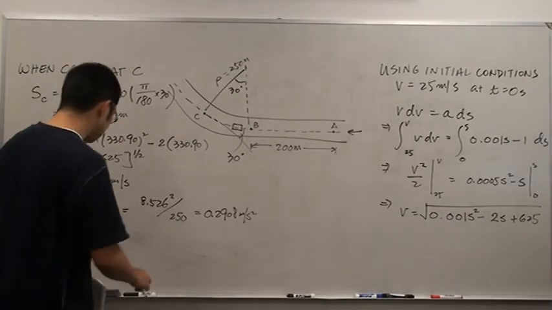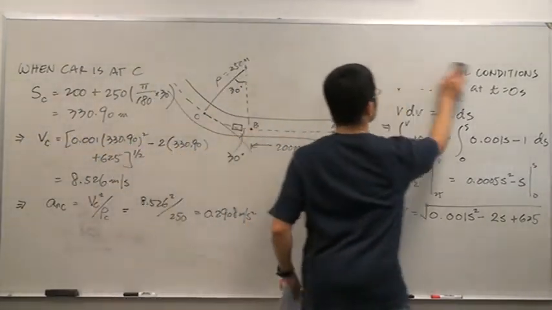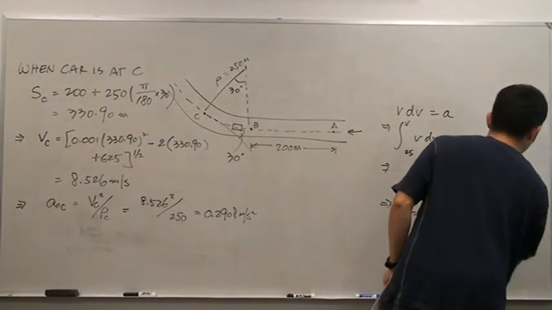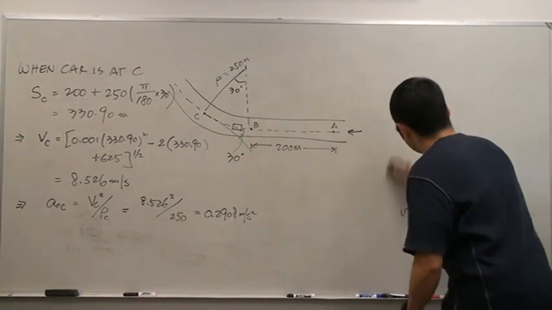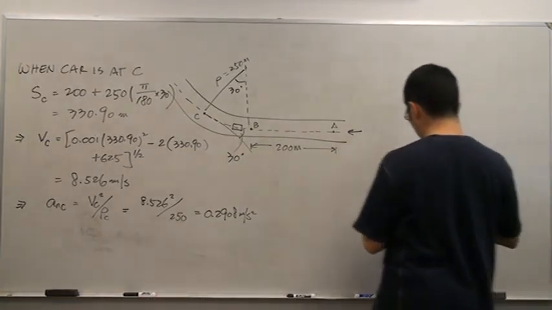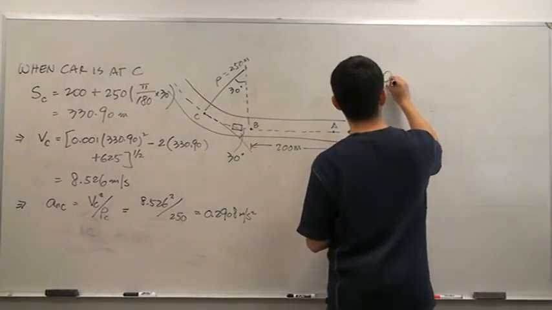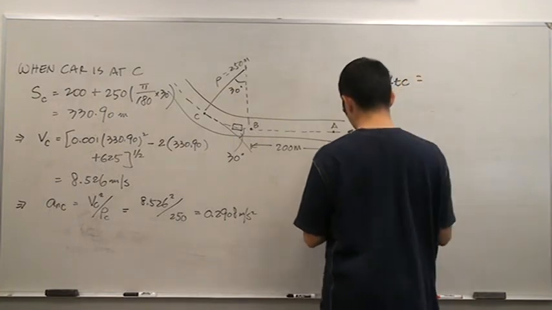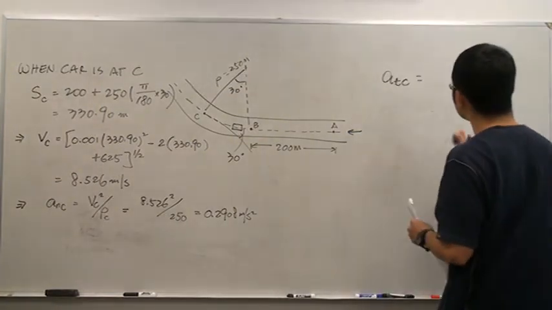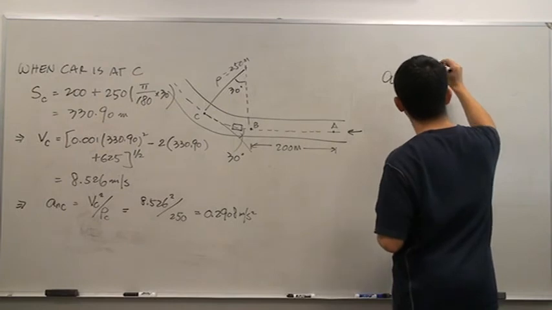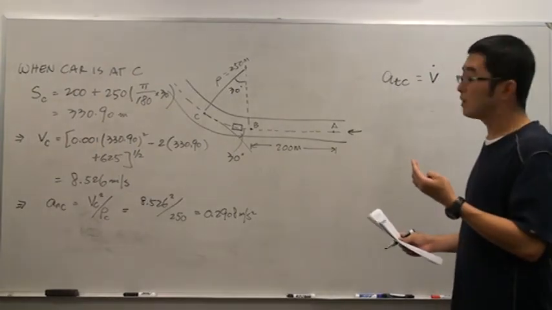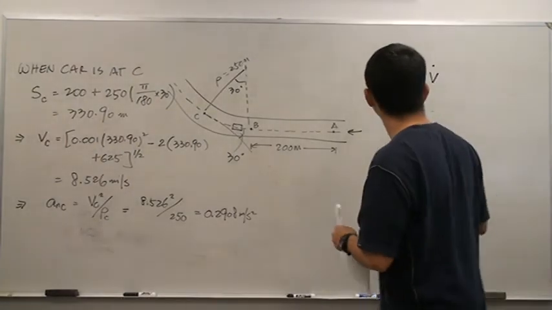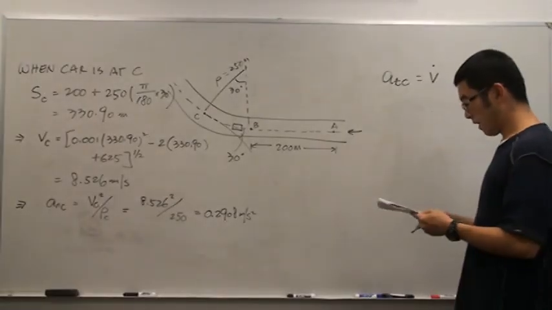What about the tangential acceleration at point C? The tangential acceleration at point C, AT, is given by basically v dot. So you differentiate velocity, which we have an expression for, one more time with respect to time.